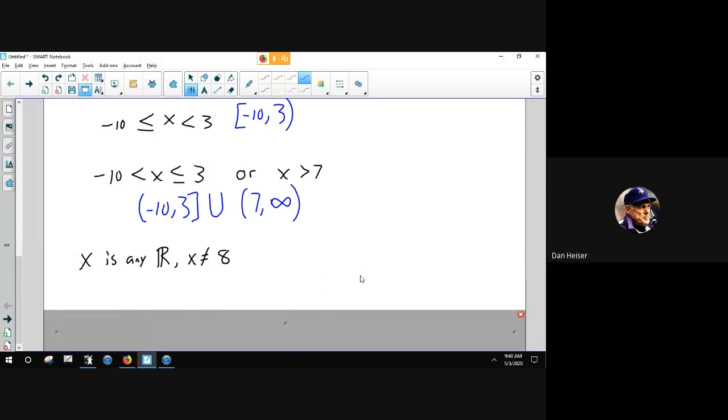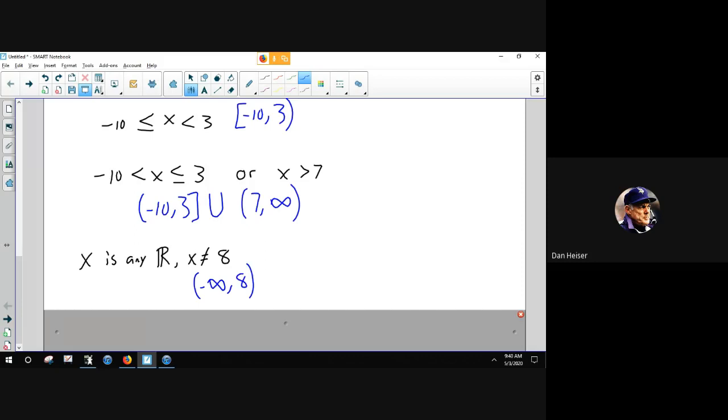Here's another one that requires a union. X is any real number. X is the symbol for real number. X is any real number, but it cannot equal 8. So the way we express this is from negative infinity all the way to 8, we're good.